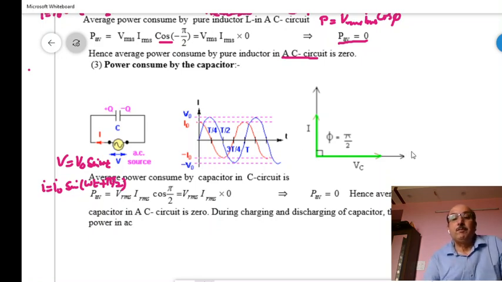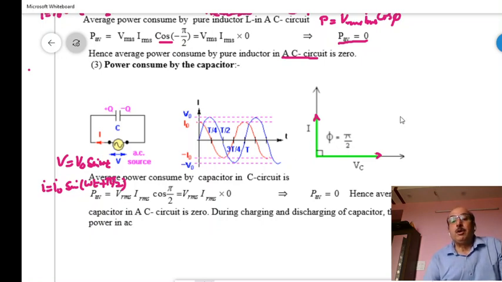So here the angle between V and I is pi by 2 and current is leading by pi by 2 than the voltage. So voltage is lagging behind by pi by 2 in pure capacitive circuit.